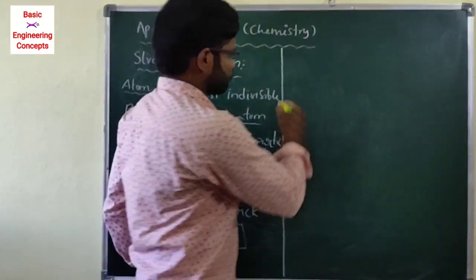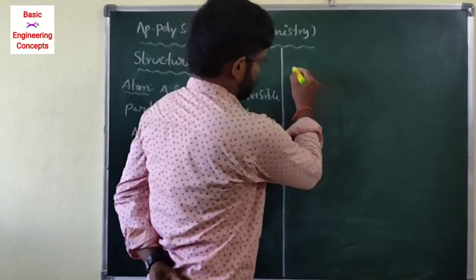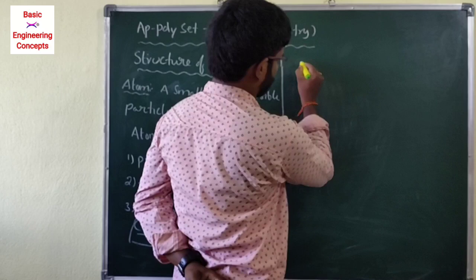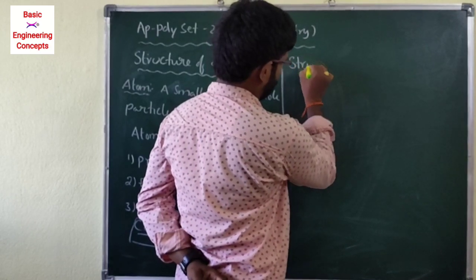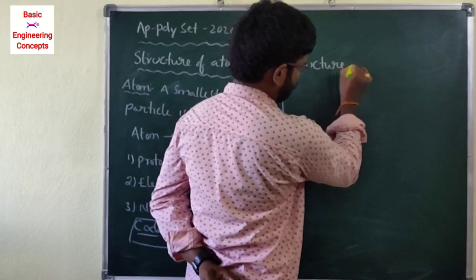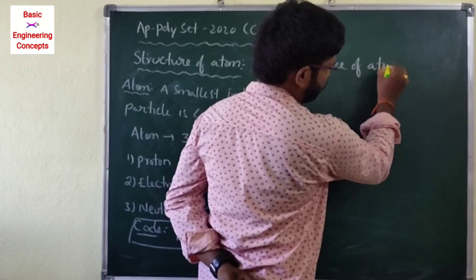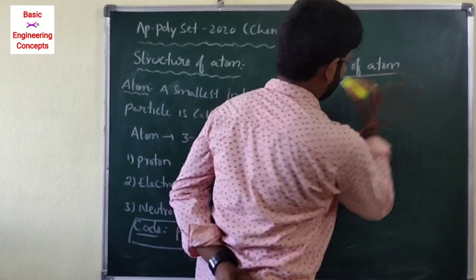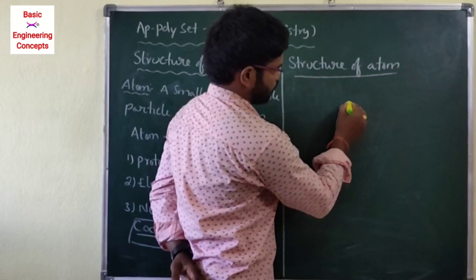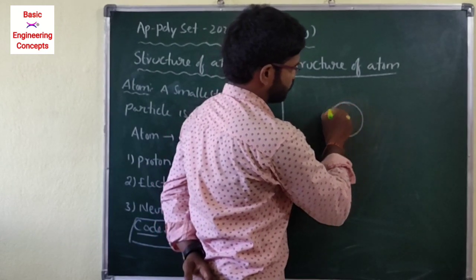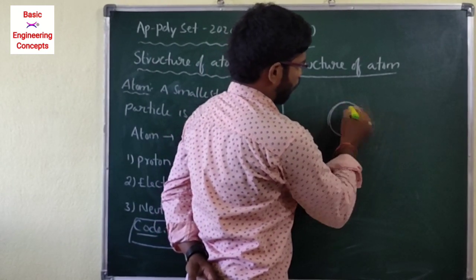So next, structure of an atom. According to Bohr's theory, this is the nucleus, this is the outer shell.